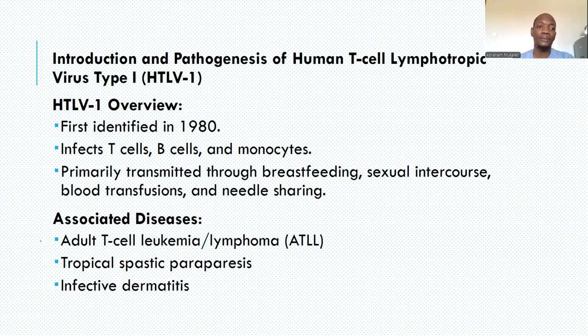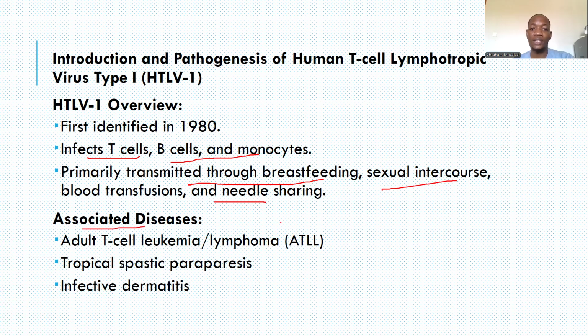This virus was first identified in the 1980s, and it usually infects the T cells, the B cells, as well as the monocytes. That's why they say it is lymphotropic. Primarily, it is transmitted through breastfeeding from mother to child, but it can also be gotten through sexual intercourse, blood transfusions, as well as needle prick injuries.